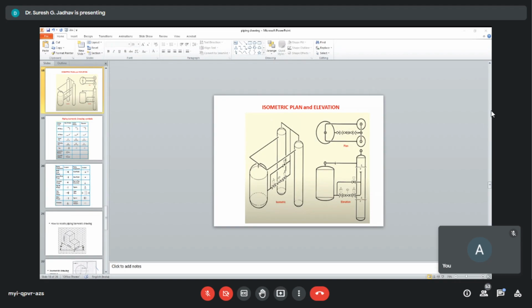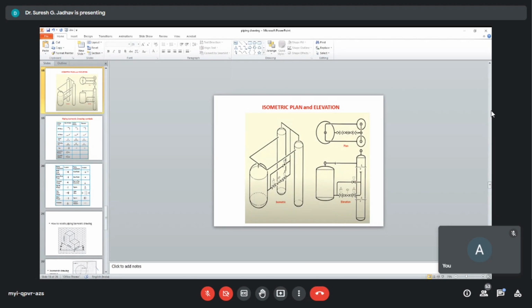Rolling in isometric drawings is shown with hatches. In case of rolling pipes, the conventional direction does not remain the same as north, south, east or west. So here we have seen the basic requirements for reading isometric drawings.